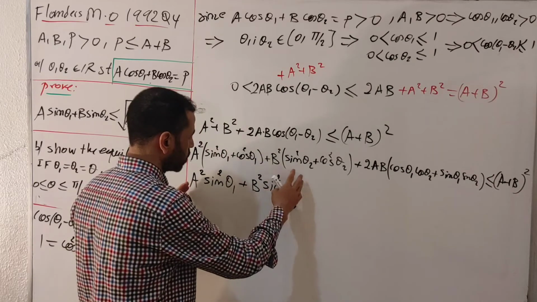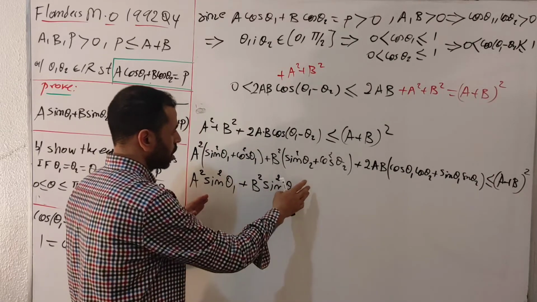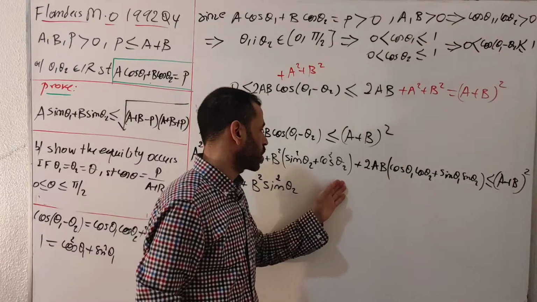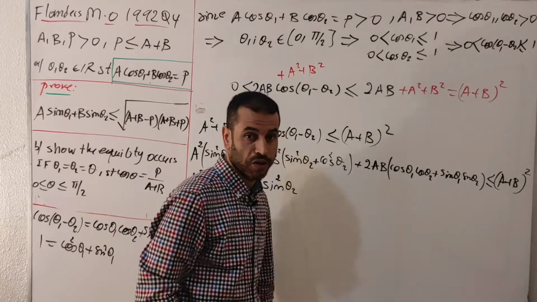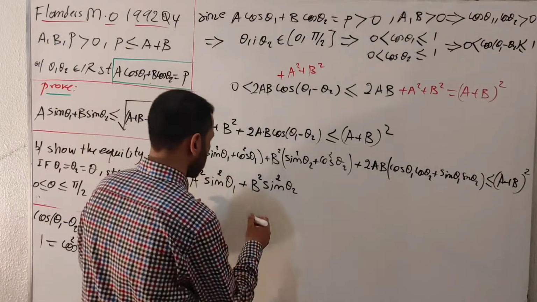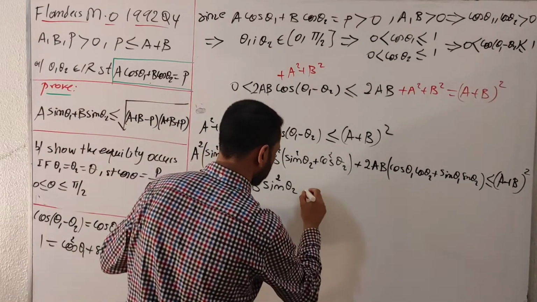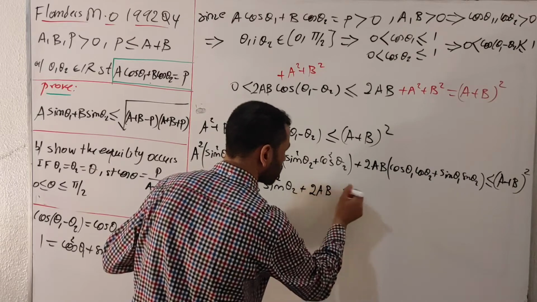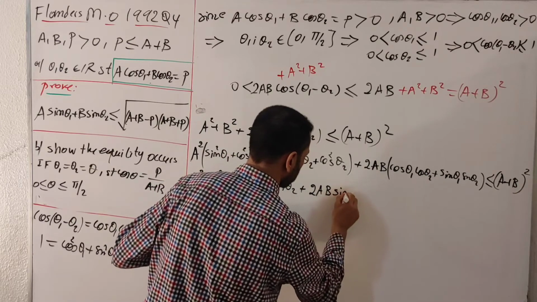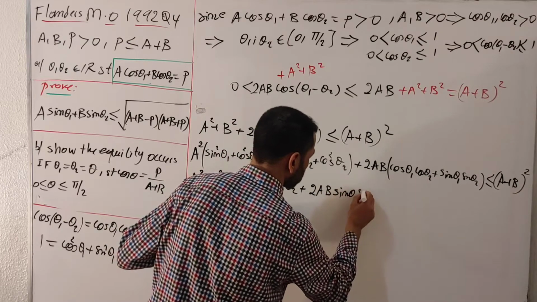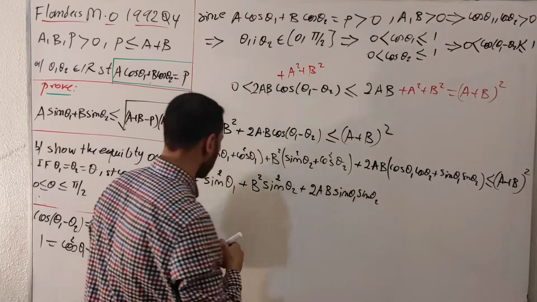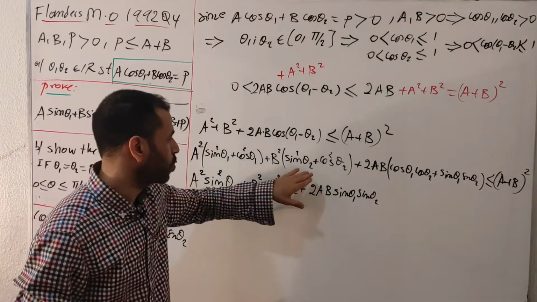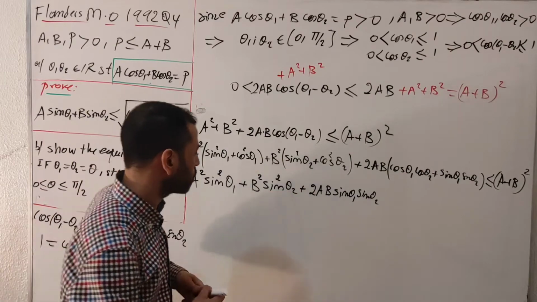So now I'm separating the sine theta terms and putting them on one side and the cosine theta terms on the other side of this inequality. Plus 2 multiplied by AB multiplied by sine theta 1 sine theta 2. So all the sine terms will be on the left hand side of this inequality.